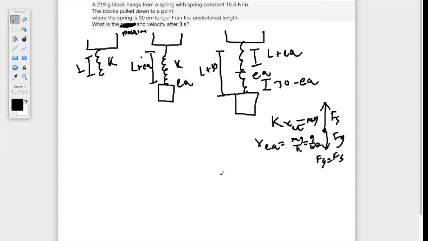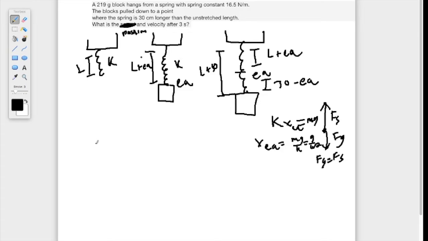And yeah, so now we know that the amplitude is 30 minus equilibrium, and at t equals 0 it starts at 30 minus equilibrium. But the thing is, since it's below the equilibrium point, let's try to find the phase constant in this case.